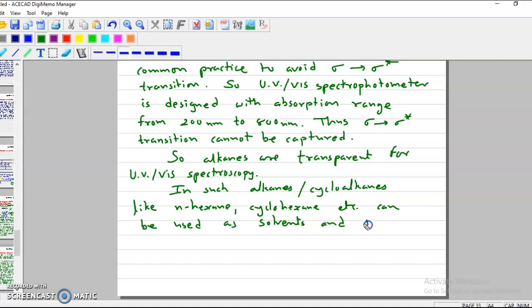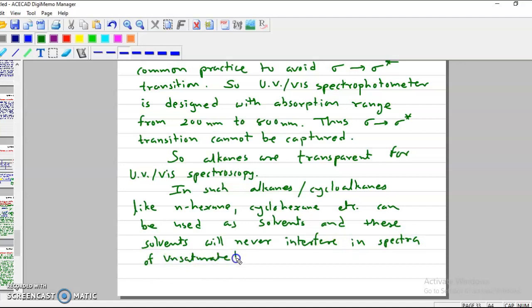And this kind of solvent will never interfere in the spectra of unsaturated compounds.